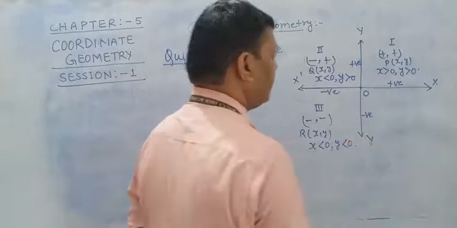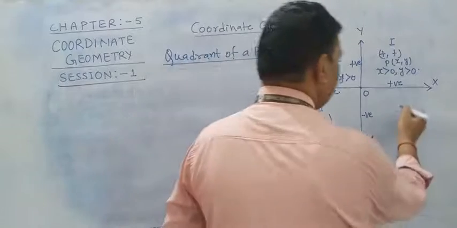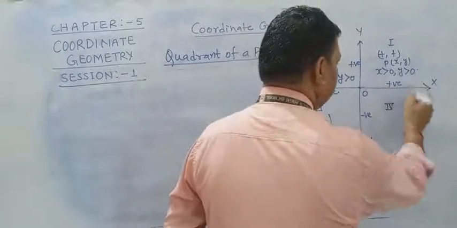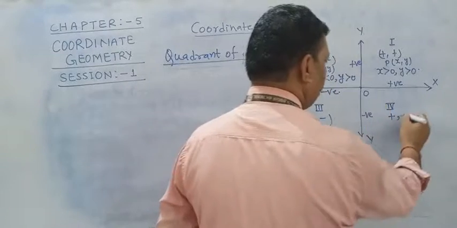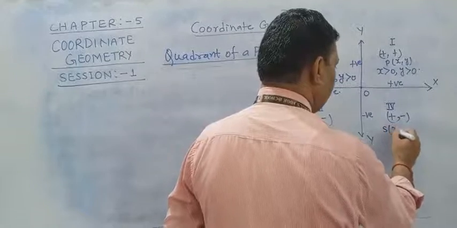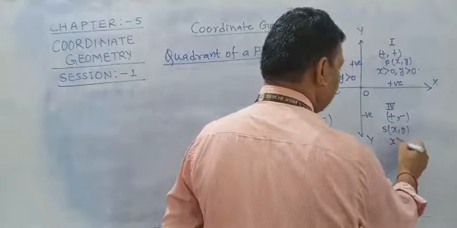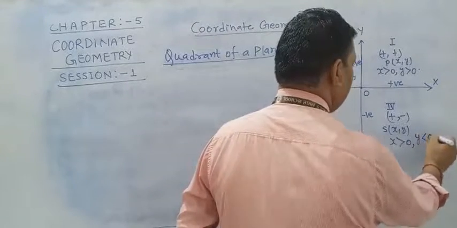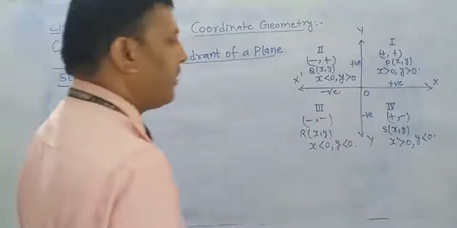Similarly, this is called the fourth quadrant. So abscissa is positive, plus, and ordinate is negative, minus. So suppose this point S is (x, y). So abscissa positive, that's why x is greater than 0, and ordinate negative, that's why y is less than 0. This is the sign significance of the quadrants of a plane.